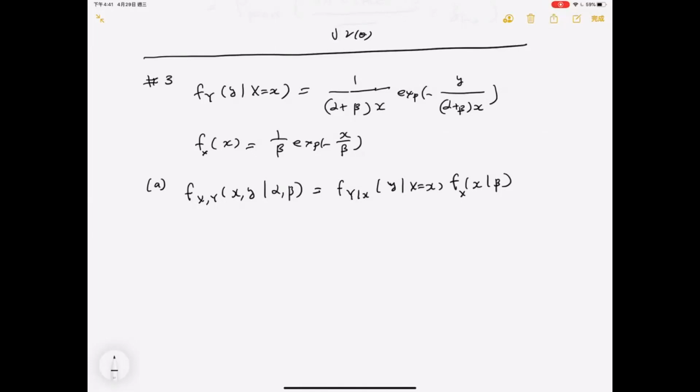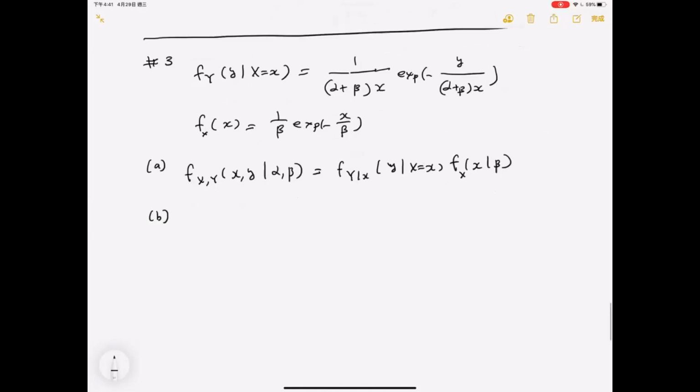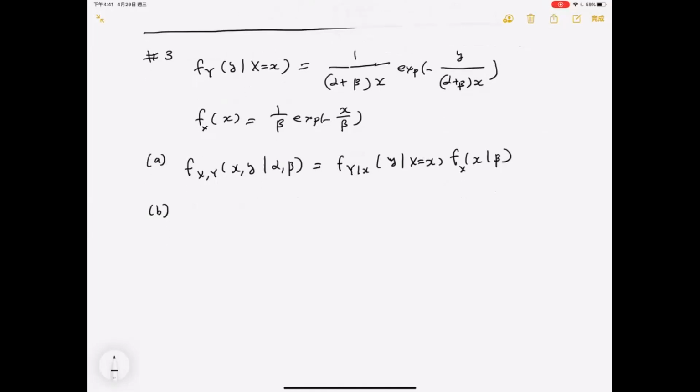I think B is possibly the most challenging question. Say U1 is the summation of xi, and U2 is the summation of yi divided by xi. Make sure that I got it correct. Yep.